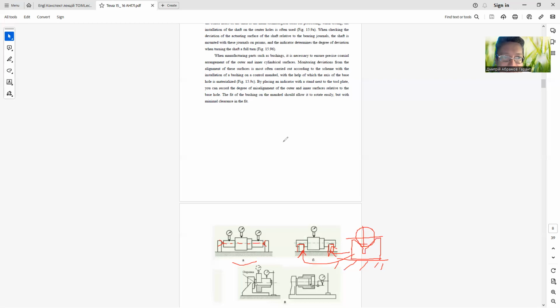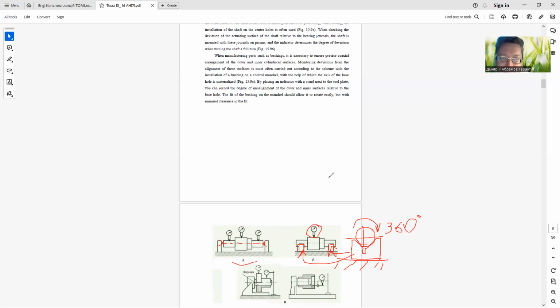The indicator determines the degree of deviation when turning the shaft a full turn, 360 degrees, and we measure the deviation using the indicator head.